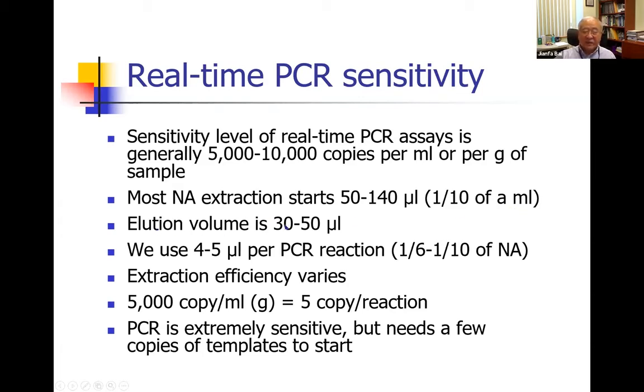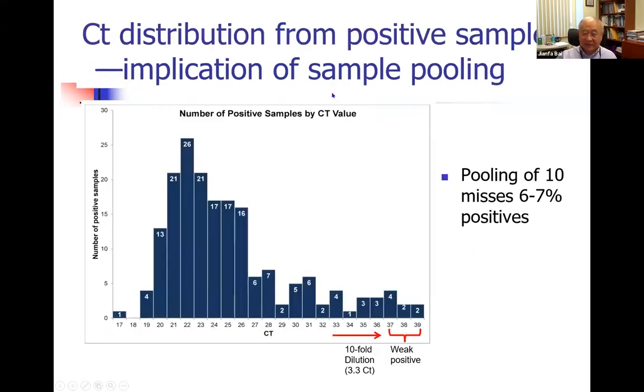And when you elute, you don't use all of the elution for PCR, you only use a proportion of the extracted nucleic acid, because if you overuse it, there's still inhibition. So really, 5,000 copies per ml is equivalent to 5 copies per PCR reaction. That's why we still need 5,000 to 10,000 copies for PCR to work.